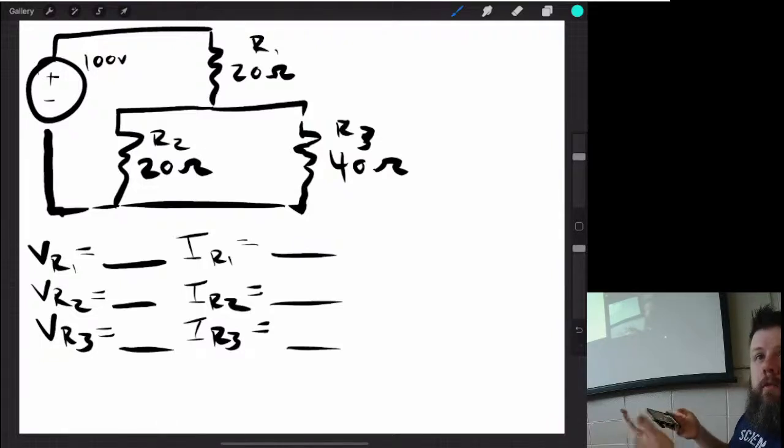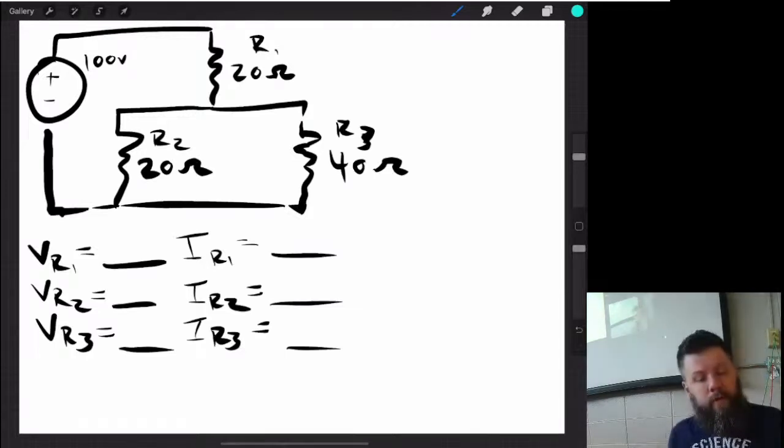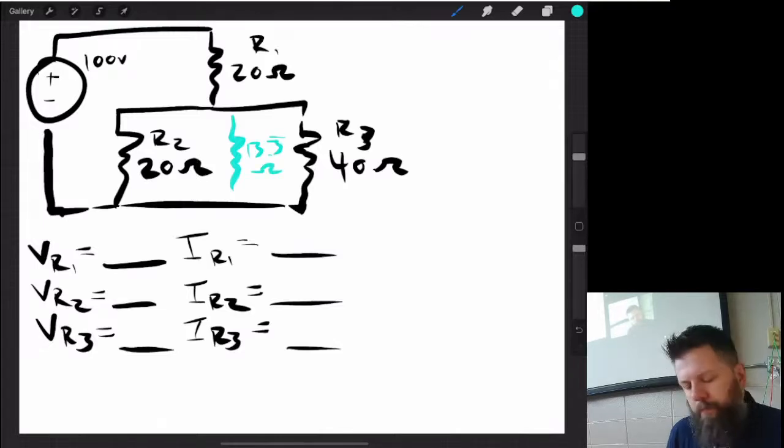That's the total conductance, right? Then I'm going to reciprocate that, and you get 13 and a third. So the effective resistance would be 13.3 repeating ohms.